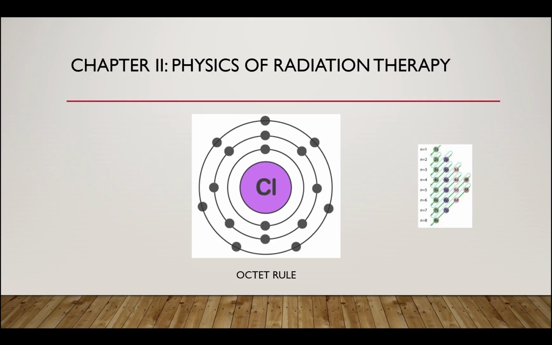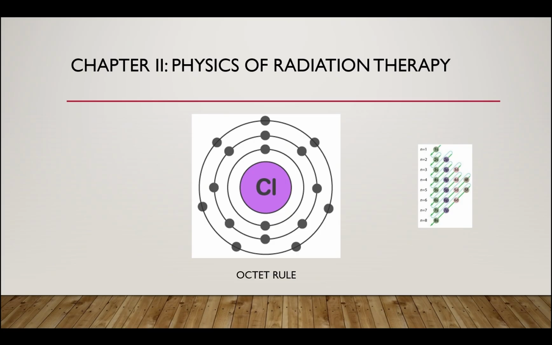Okay. Remember that it is a positive valence when the number of electrons in the outermost shell is less than 4. Atoms with this valence belong to the metals and conductors. While for the negative valence, the outermost shell has more than 4 electrons.